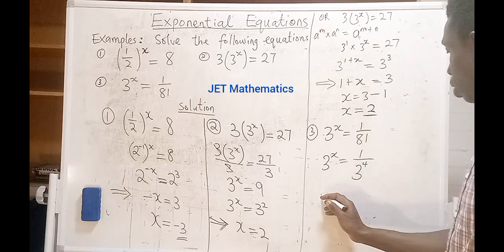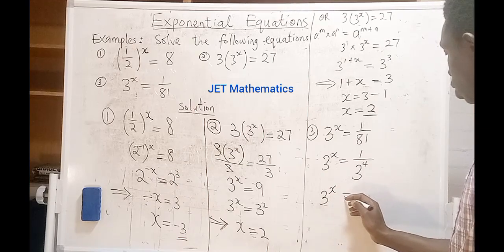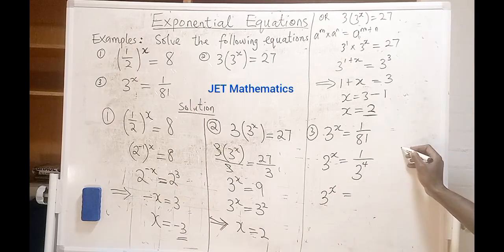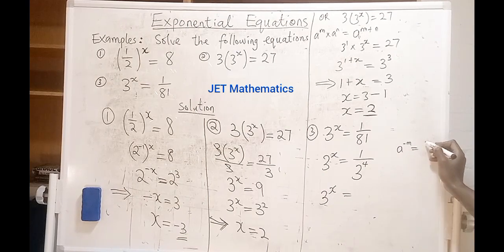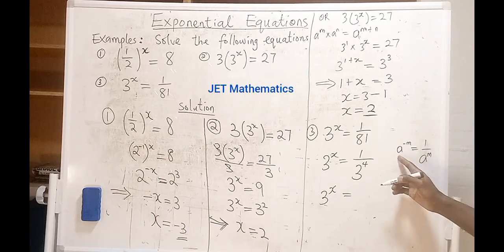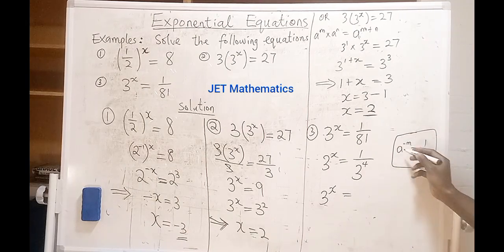Then here becomes 3 raised to power x equals, using the law that says a raised to power minus m is the same as 1 over a raised to power m. I believe you still remember this law of indices.